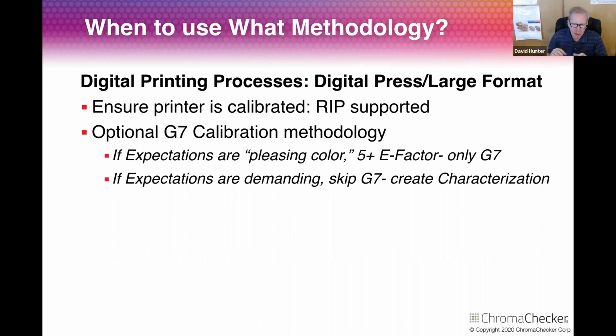But if we apply a G7 curve to it, we get it down to maybe a 5 to GRACoL. But if we profile it, we'll get it down to a sub 3 to GRACoL. And again, each step takes more energy, more time, gives you a higher quality, gives you a lower E factor, but it's not for free. It's a trade-off.